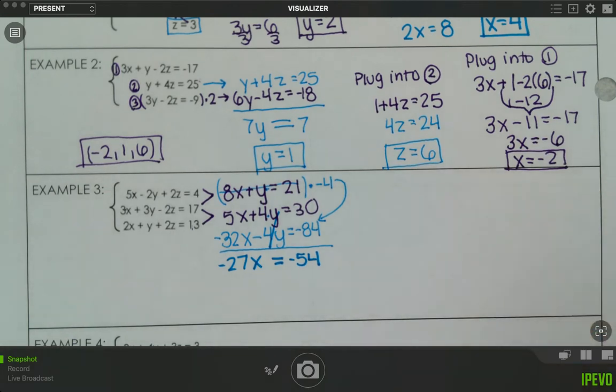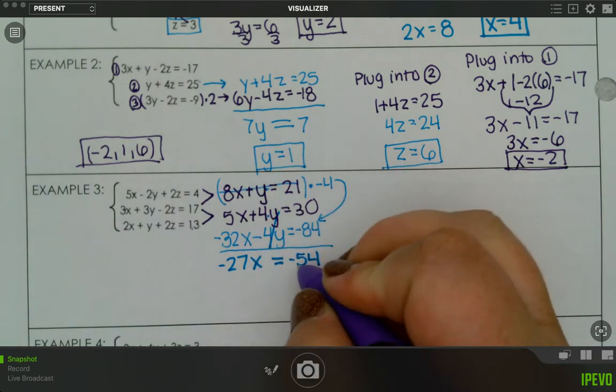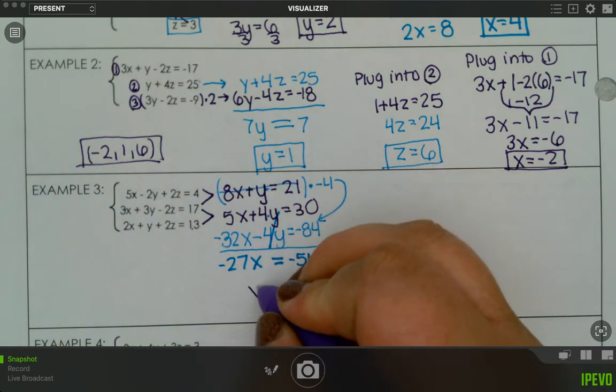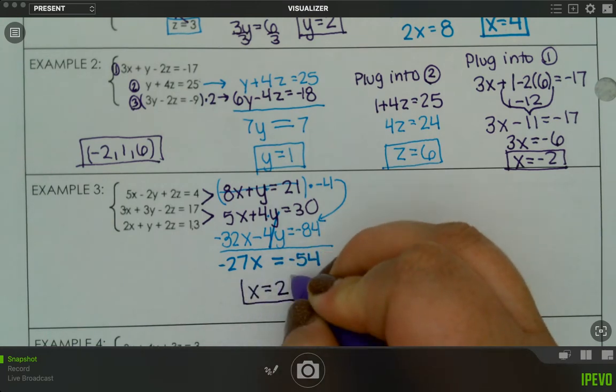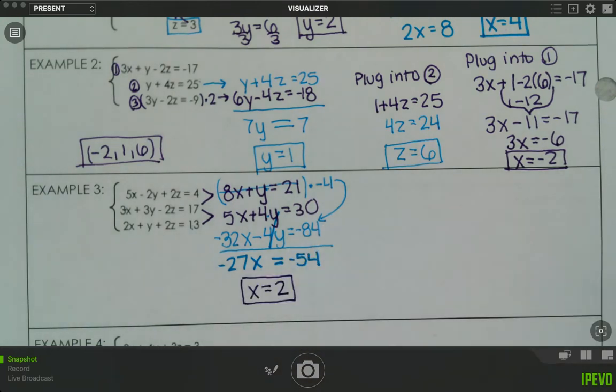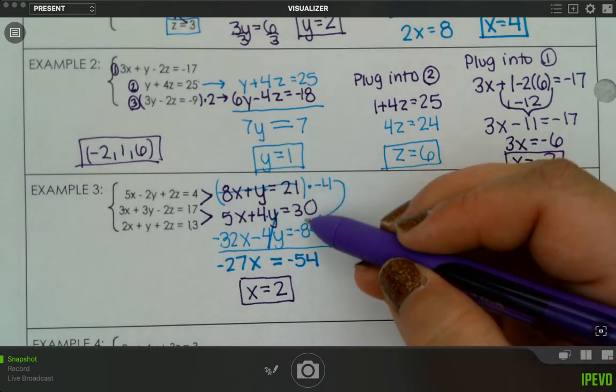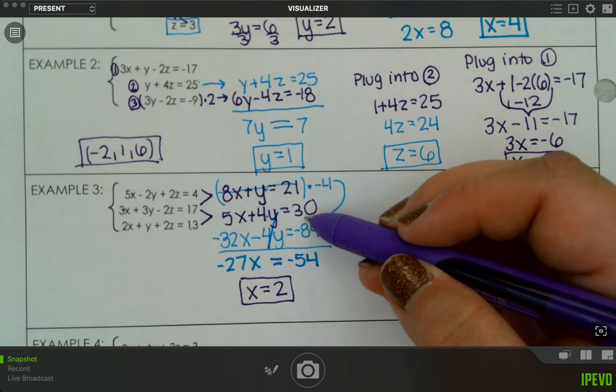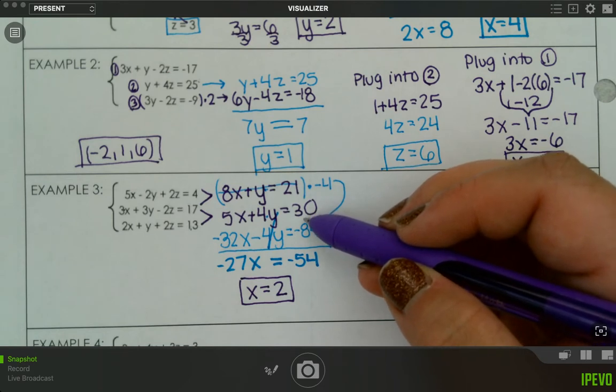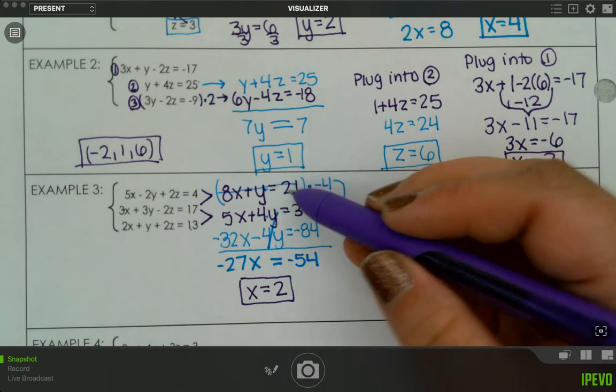Don't worry, I know that 27 is a little weird, but if I divide by negative 27 on both sides, negative 54 divided by negative 27 is 2. We have our first variable. Now, I need to plug it back into one of these 2 equations I had right here, one of the equations that only has x and y. I'm just going to go ahead and pick this one.